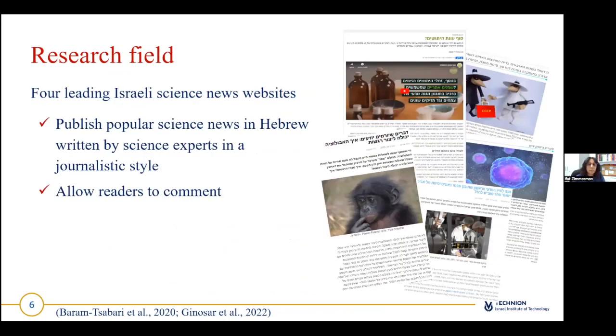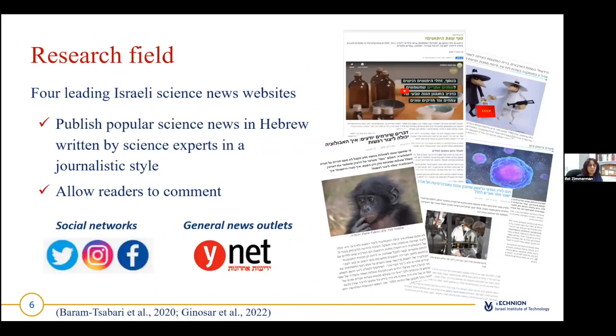Here we studied 4 leading Israeli science news websites. They publish popular science news in Hebrew, written by science experts in a journalistic style. They allow readers to comment, and they distribute their content through social networks. Facebook is the dominant, and also through general news outlets.